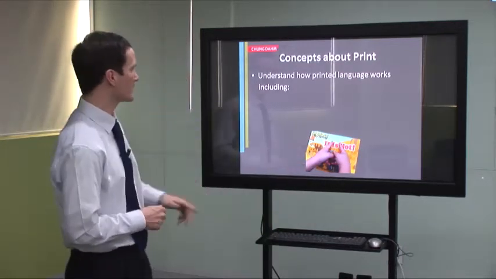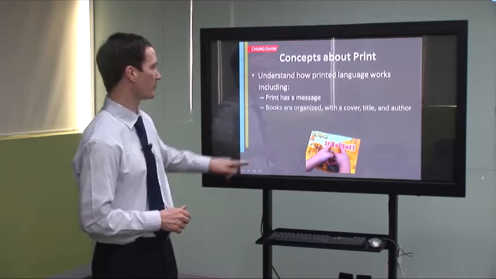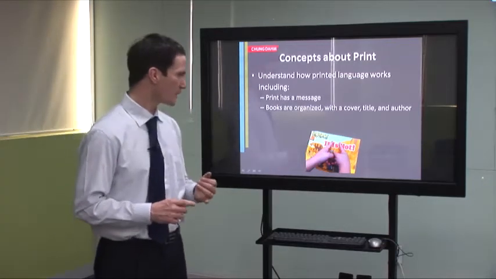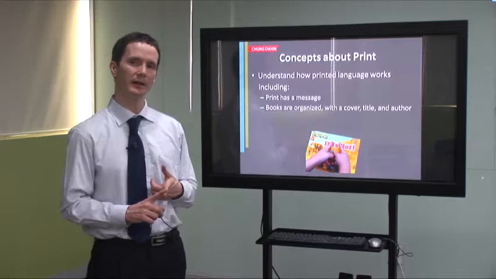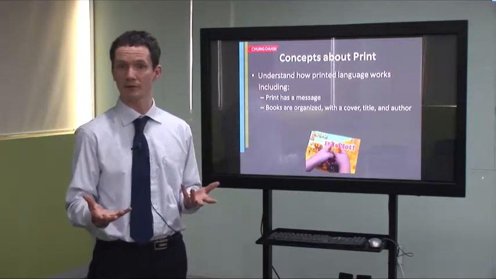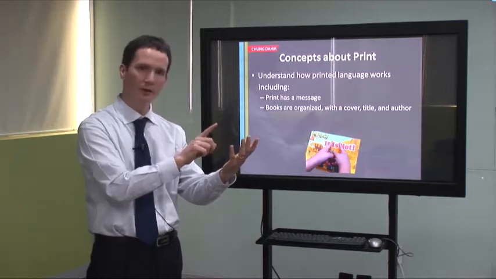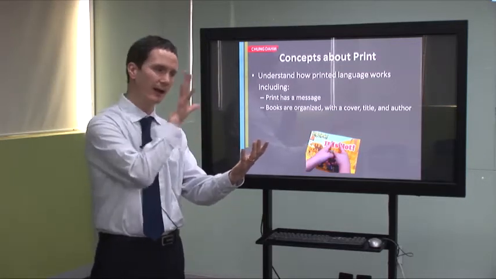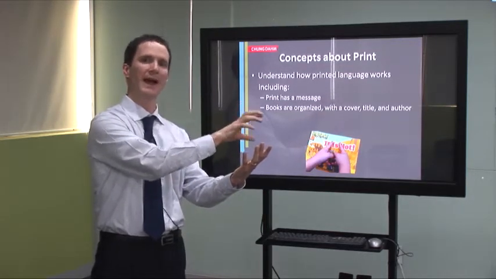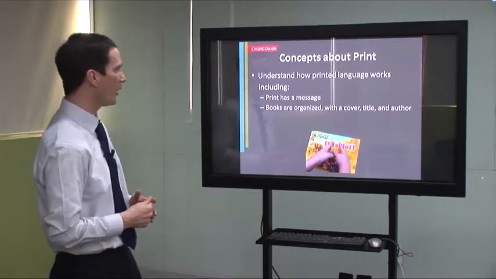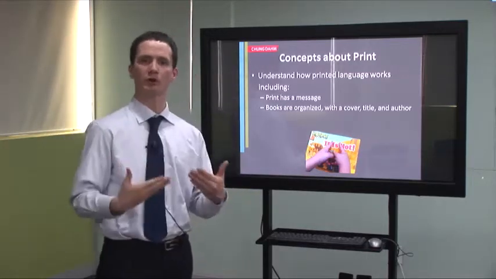The first of these is the idea of concepts about print. Concepts about print is basically the idea that print has a message. So when I open up a book and I see the squiggles on the page, I understand that those squiggles have a message. I also understand how books work.